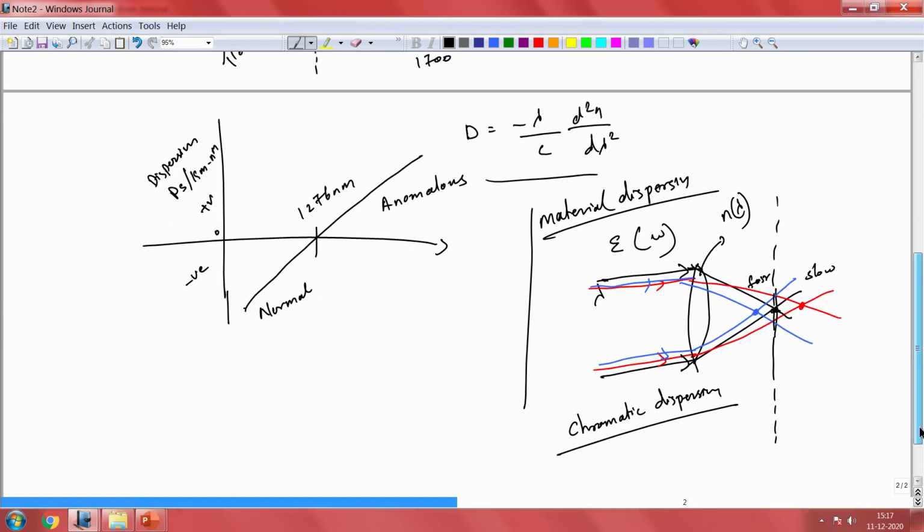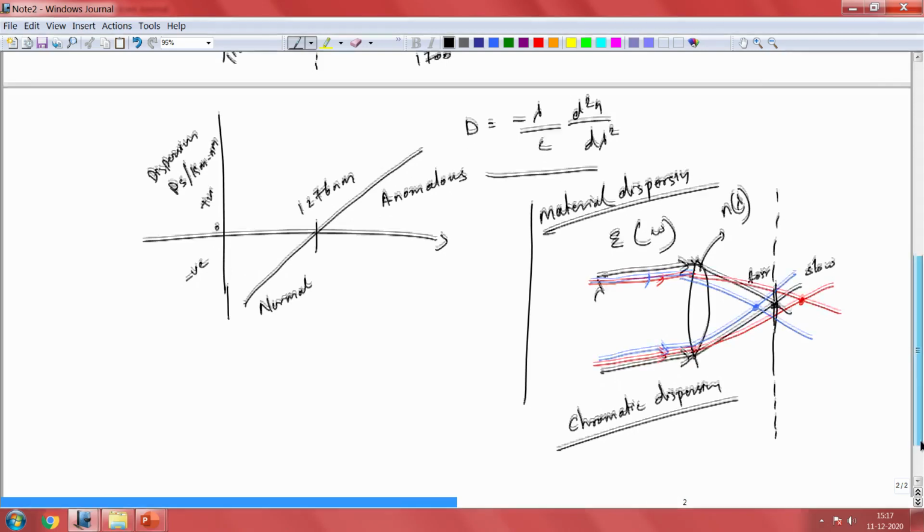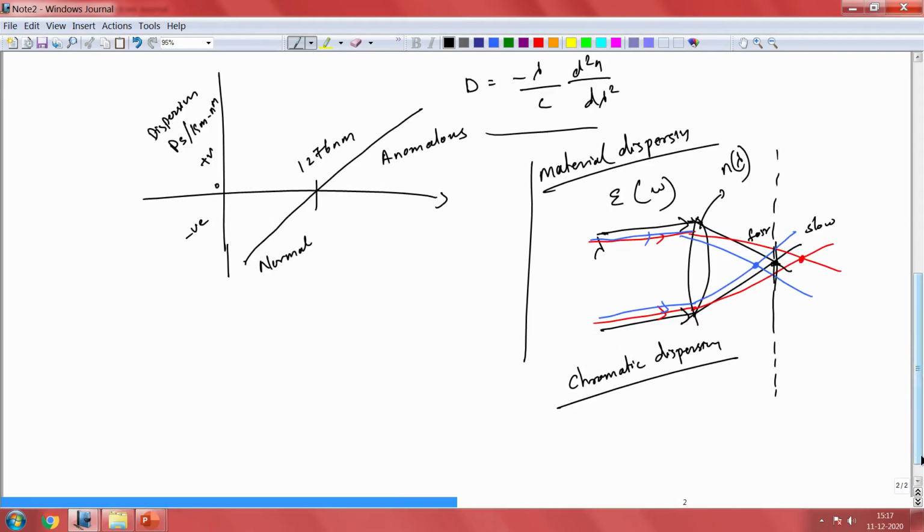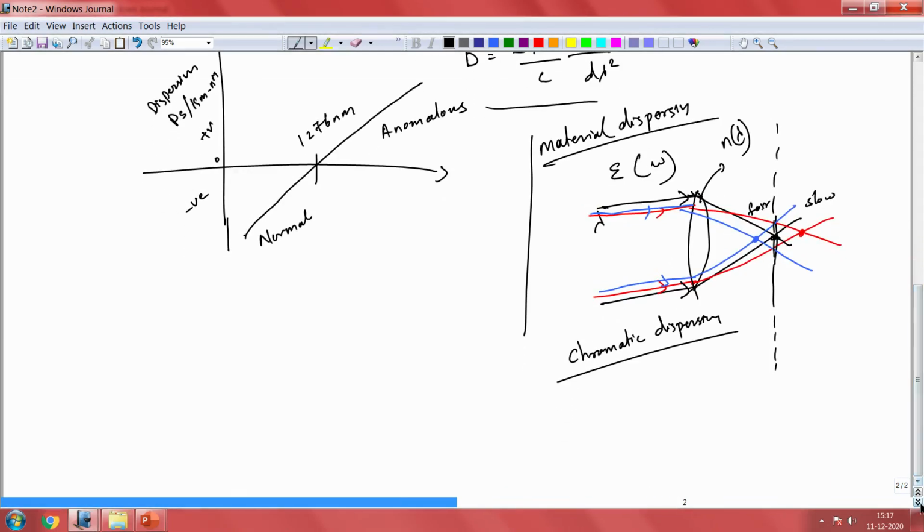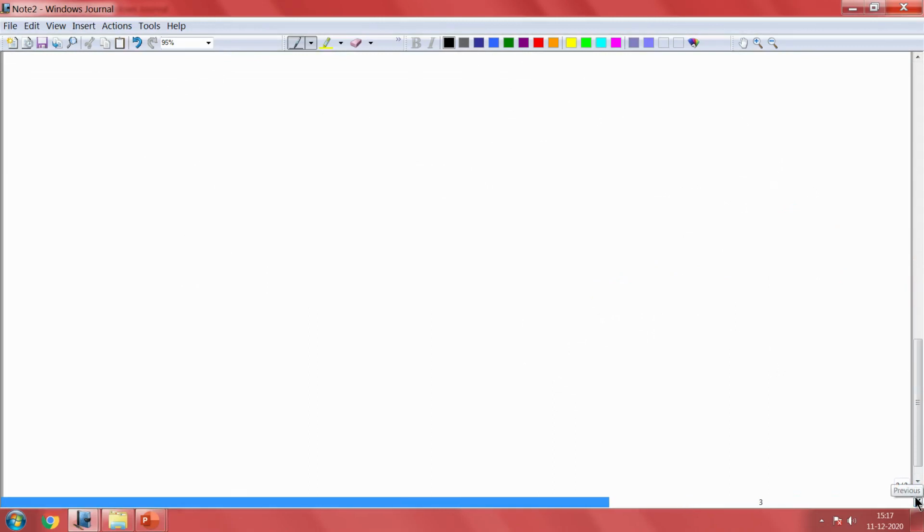All right. So, with that we have come to an end to the whole dispersion discussion. The next thing about the material is about the loss associated in the material. So, we saw how fast light can move through the medium, and single frequency, multi frequency, right, and effect of silica fiber on the dispersion.